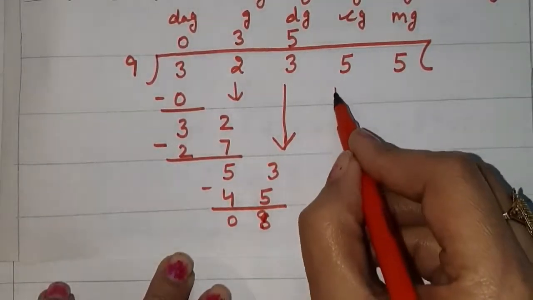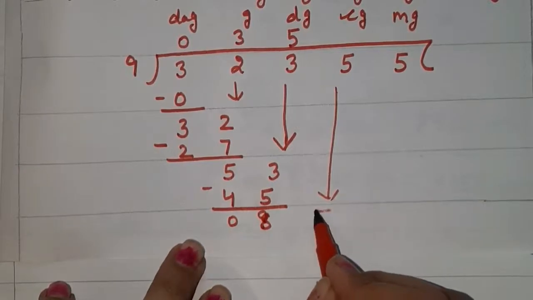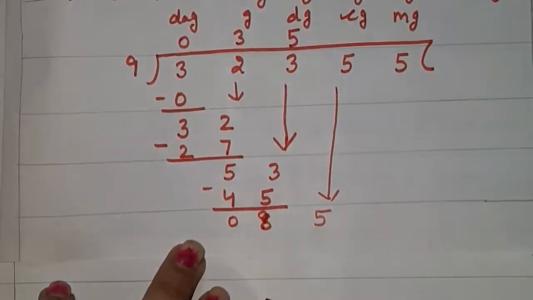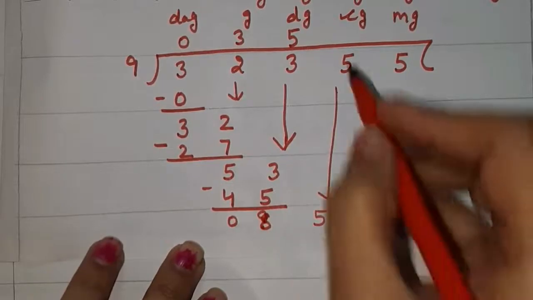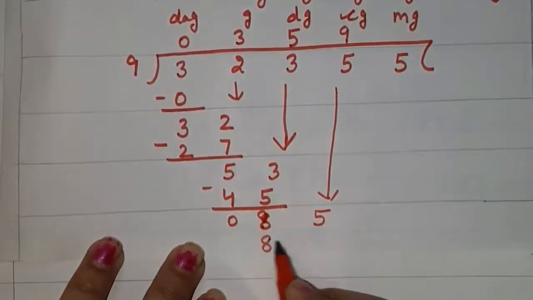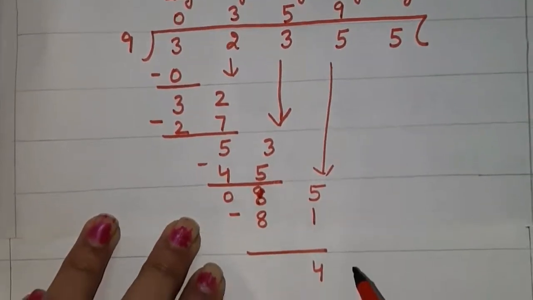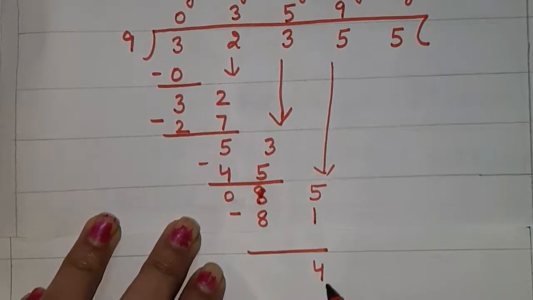Consider the next digit, that is 5. Now it is 85. 9 nines are 81. Right. 85 minus 81 is 4. Now 9 will be written here.